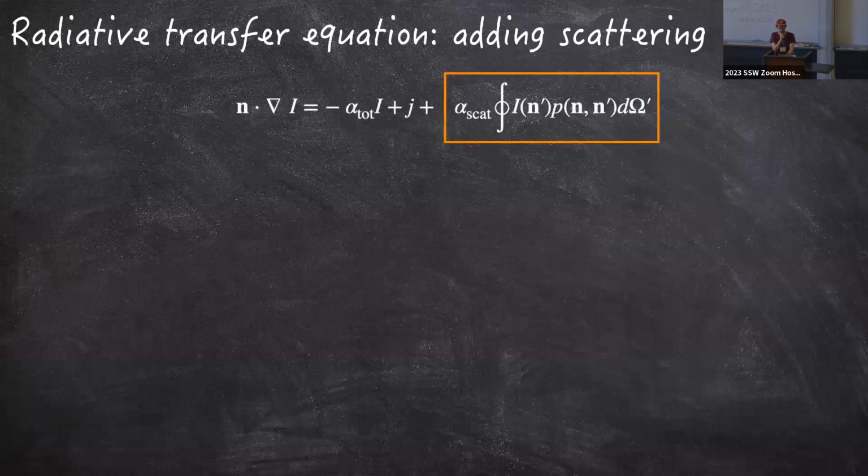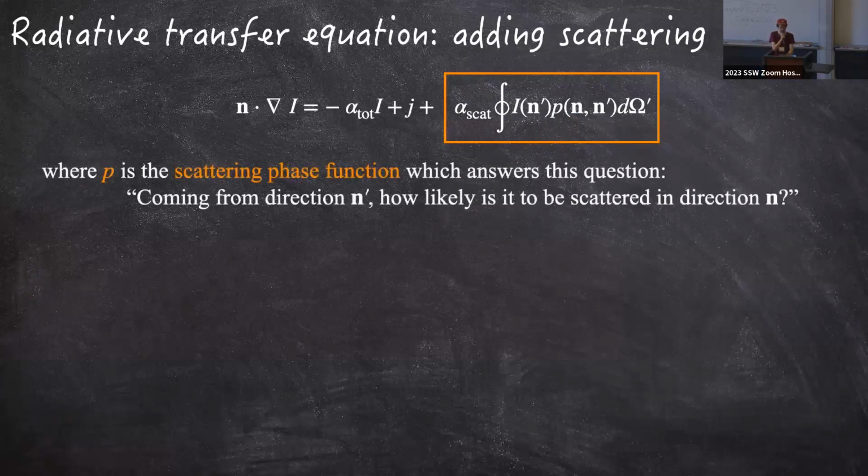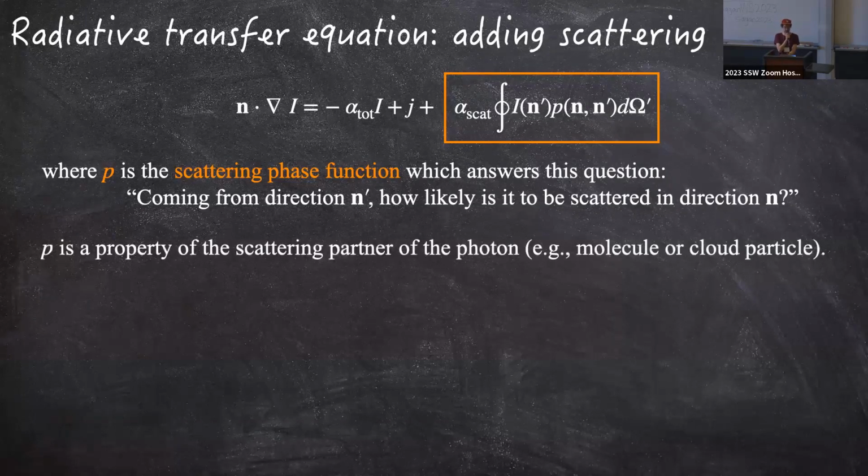So we were here. This is the scattering source term, and there's this function p, which is the scattering phase function, and this just answers the question, coming from direction n prime, how likely is it to be scattered into direction n? And p is a property of the scattering partner of the photon, so molecule or particle. And we can, again, look at an interesting limit.